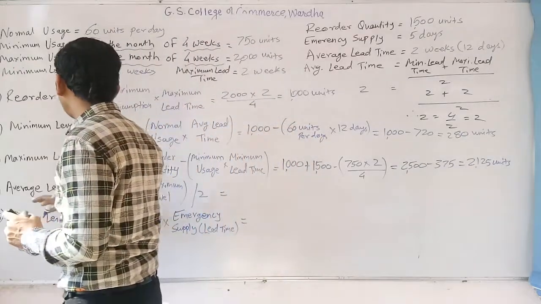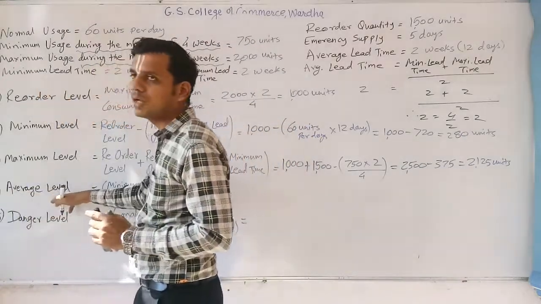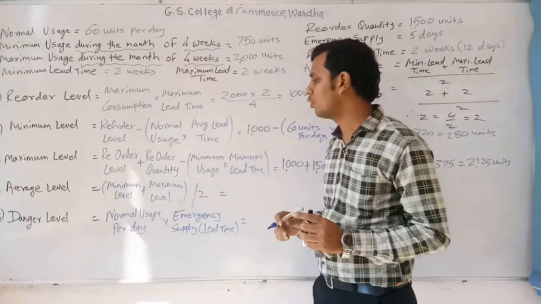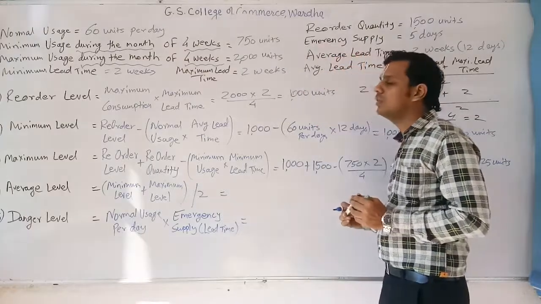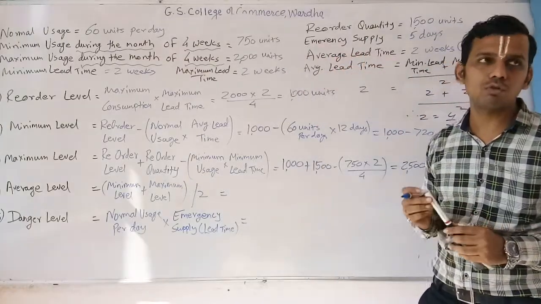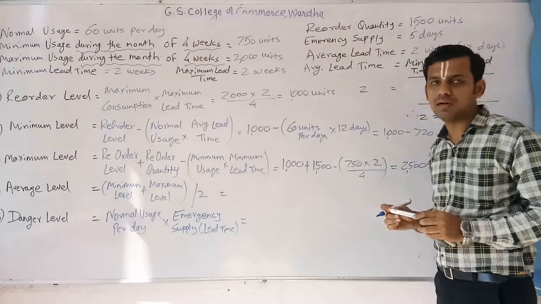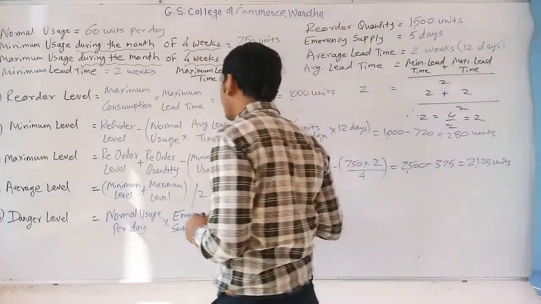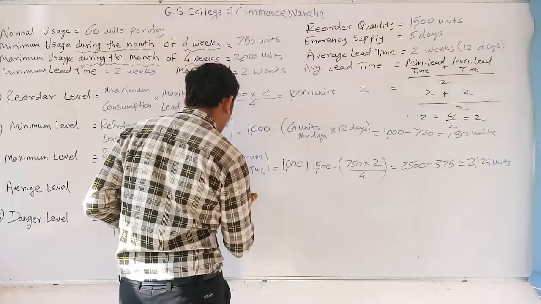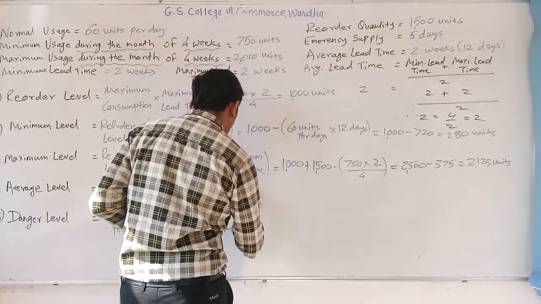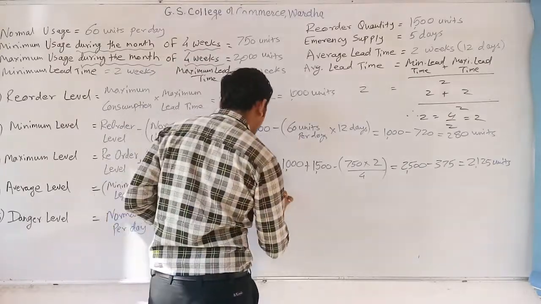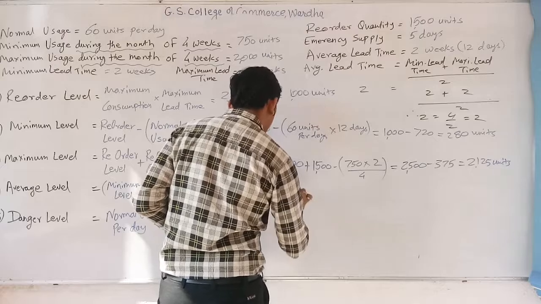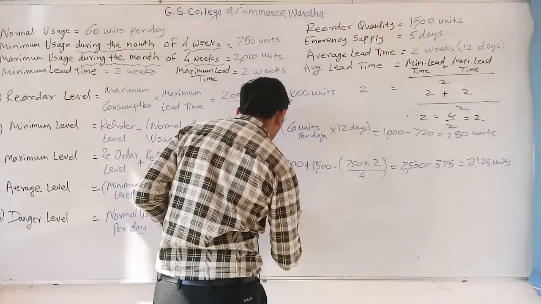On the fourth part we have to calculate the average level of stock. The formula for average level of stock is minimum level of stock plus maximum level of stock divided by 2. The minimum level of stock we have calculated is 280 units, plus maximum level 2125 units, divided by 2.